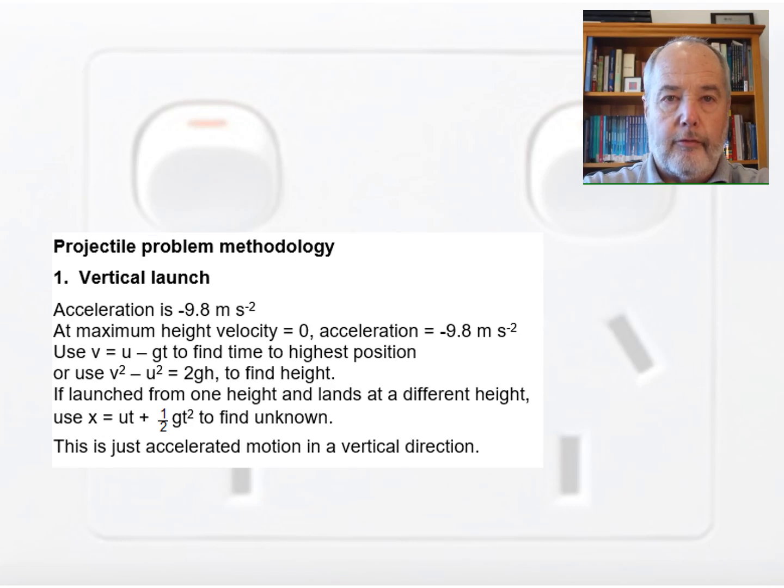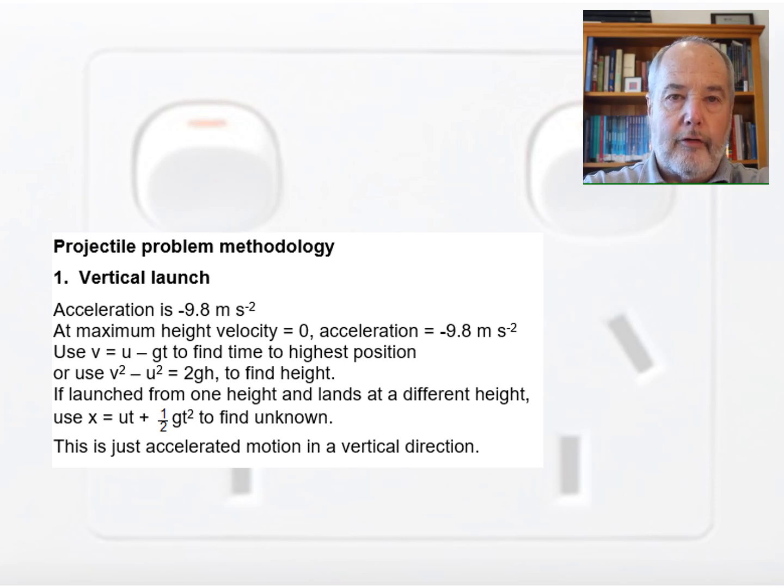The first type of projectile problem is when it is launched vertically. The acceleration is going to be 9.8 meters per second squared down. You will use an equation to find how long it takes to get to the top, because at the top the velocity will be equal to 0. Or you might use that time that you've discovered there to work out how high it goes.